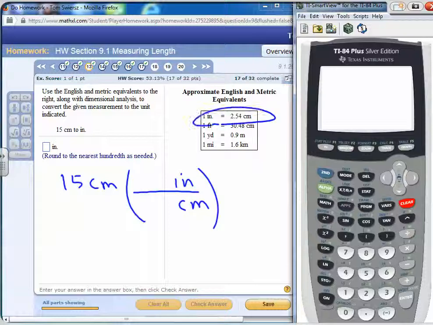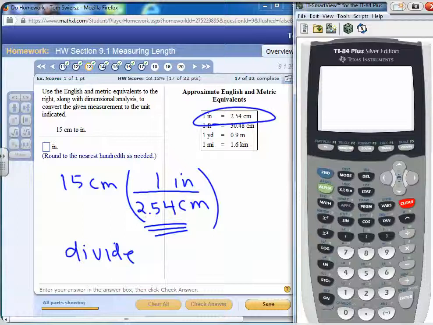Again, from this chart, for every 1 inch, there are 2.54 centimeters. Now notice, the number that's not 1, the 2.54, is in the denominator, so we're going to divide. So 15 divided by 2.54 will convert from centimeters to inches.